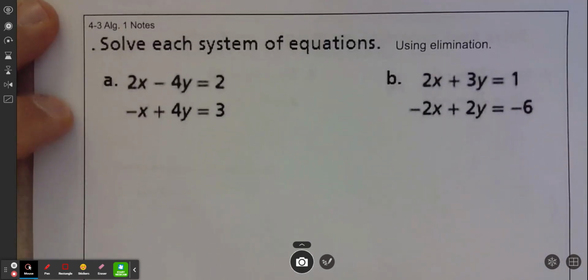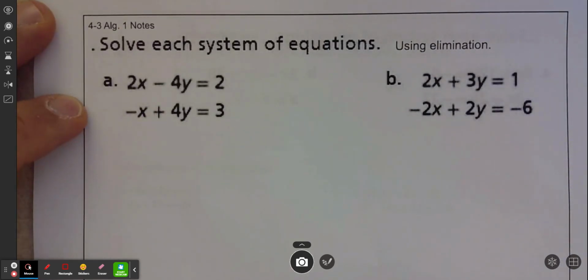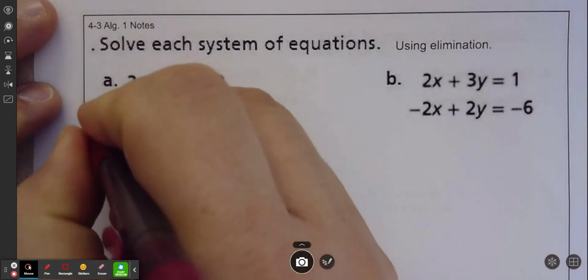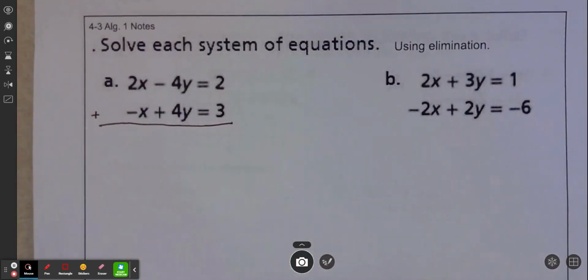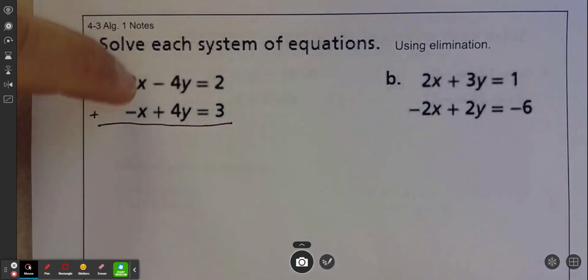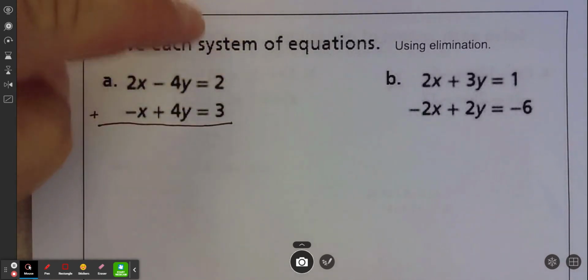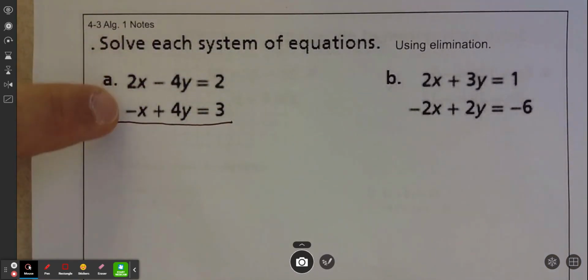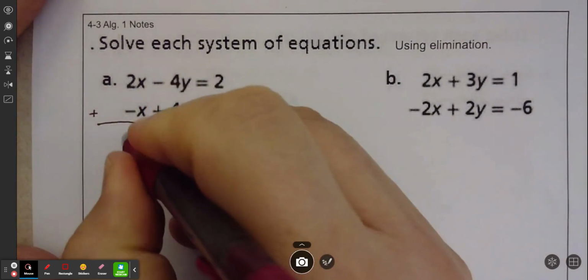So looking at this first problem, all we need to do to eliminate on this one is to add them. And I like to say that I always am going to add them. When I add them, I want to make sure that my x and my y and my number and my equal sign are all lined up. 2x plus negative x equals x.